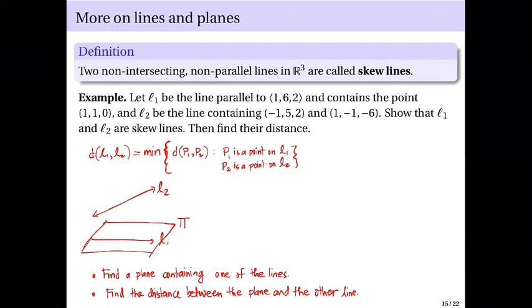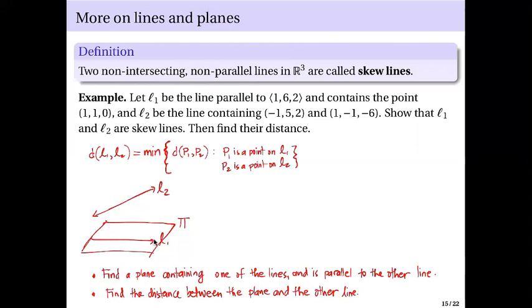So the question is, let me complete this statement here. Find the plane containing one of the lines and is parallel to the other line. Of course, there will be infinitely many planes containing this line L1.